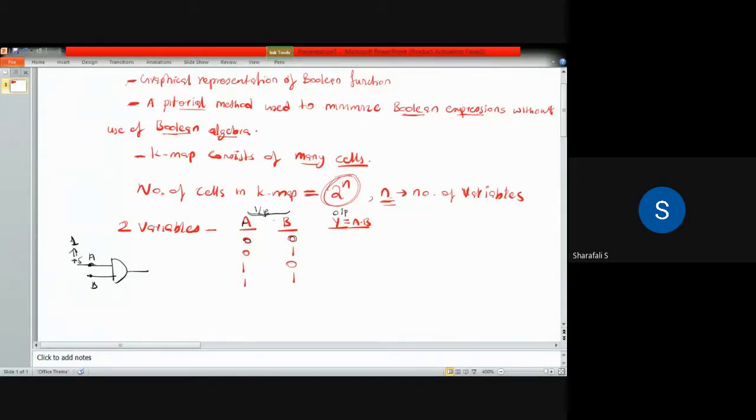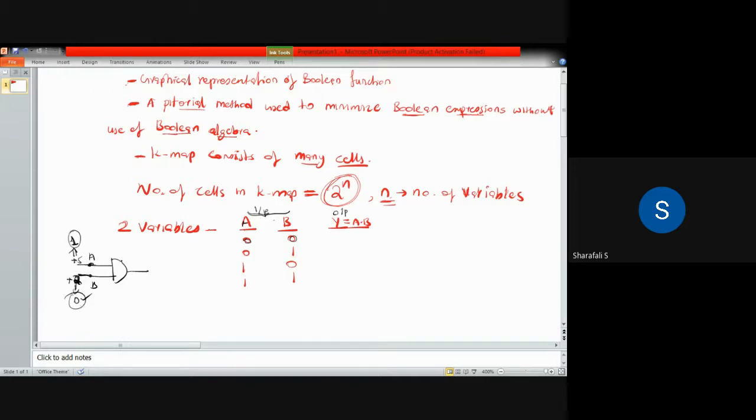For example, if your B is at some 0 potential, then correspondingly your B value will also be 0. Or if it is at +2 potential, which is less than the +5 value, then also this will be denoted as 0 in binary form. So one is high, the other one is low. High means 1, low means 0.